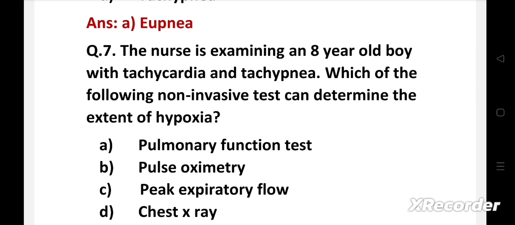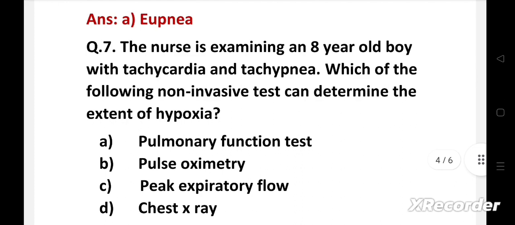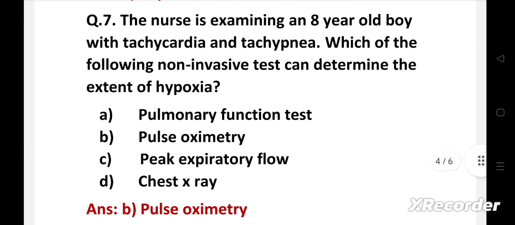Option A, pulmonary function test; B, pulse oximetry; C, peak expiratory flow; D, chest X-ray. Right answer is option B, pulse oximetry.